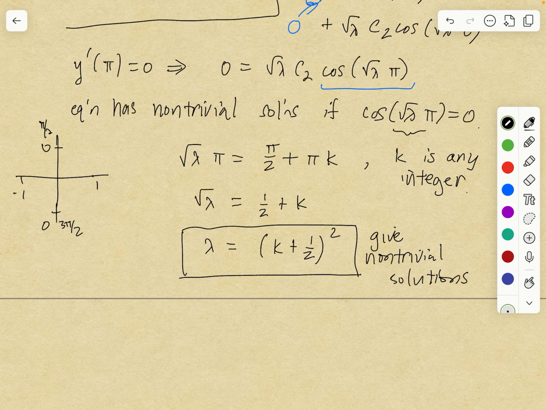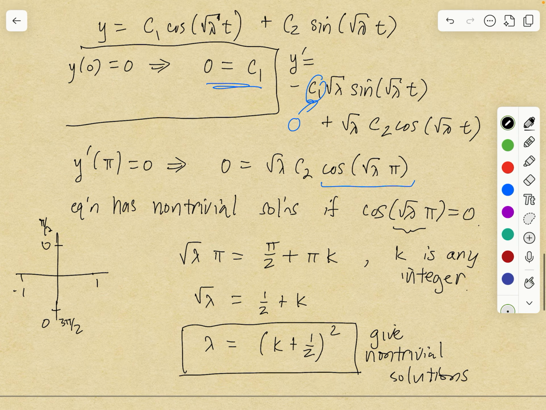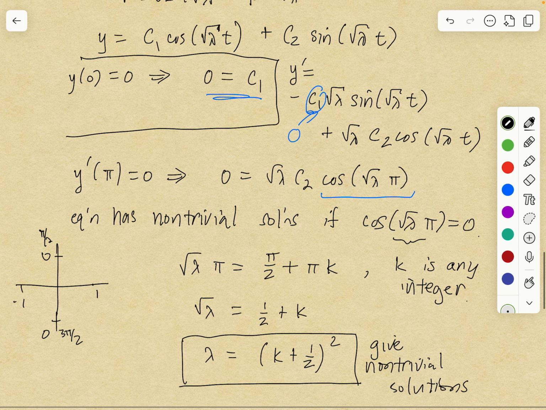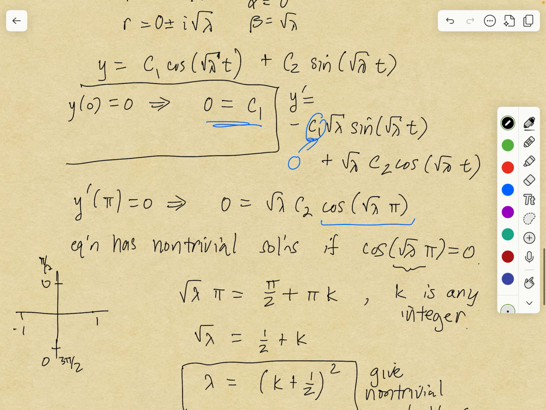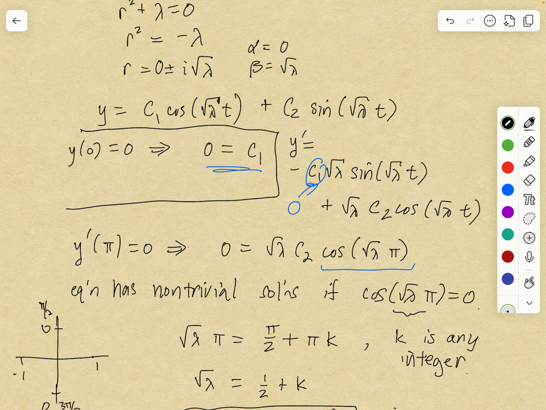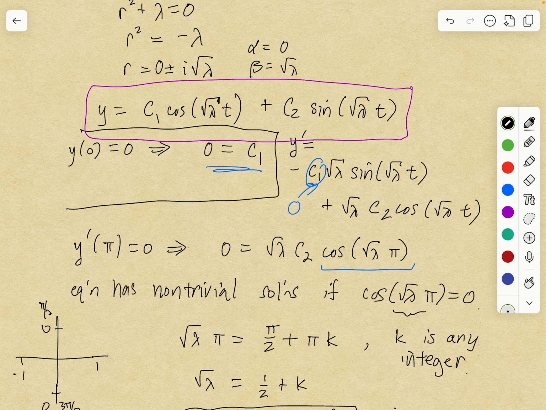And what are the non-trivial solutions? Well, we have the general solution here, but the first condition tells us that C1 is 0, so that whole part is going to be 0, and you're just going to have a constant times the sine of root lambda t.